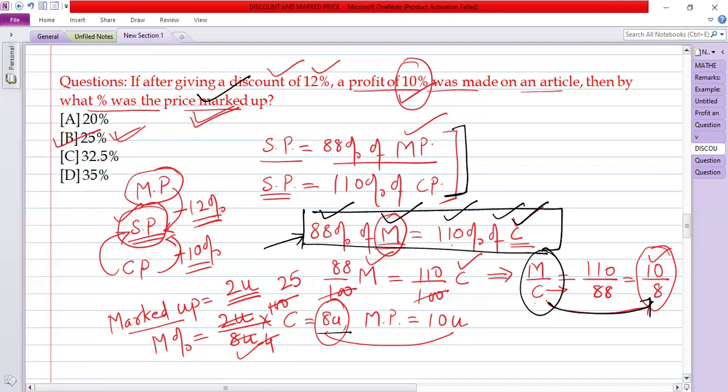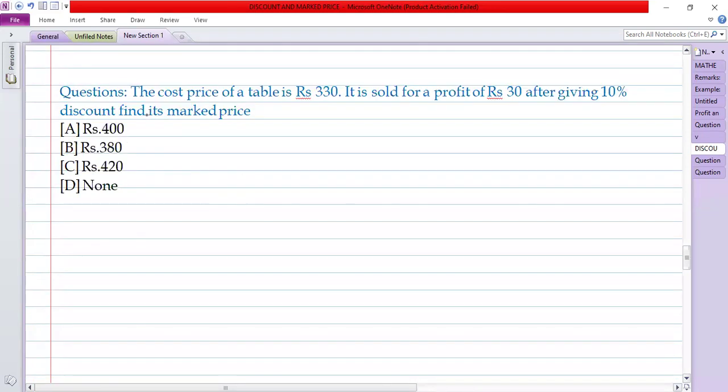If 8 unit is our cost price, then 10 unit will be our marked price, and the difference between these two is the marked up amount. So the marked up amount is 2 units. So what will be the marked up percentage? That will be 2 unit divided by 8 unit into 100.